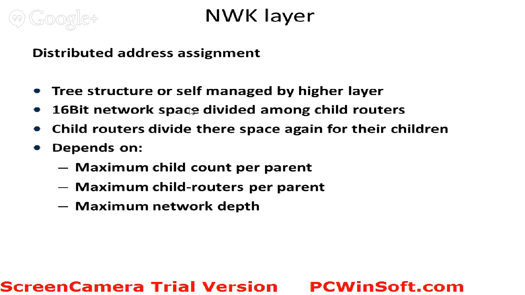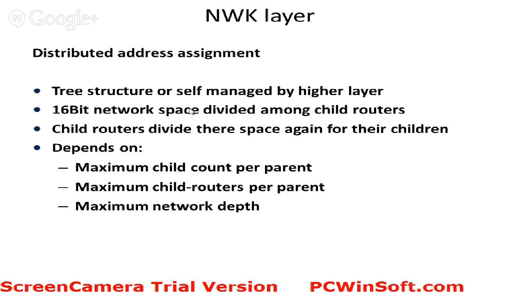Again, this 16-bit network space is divided among the child routers. Naturally, if we have 4 child routers, the coordinator will divide the entire 16-bit address space among the 4 routers. And then these child routers can further divide their space among their children.